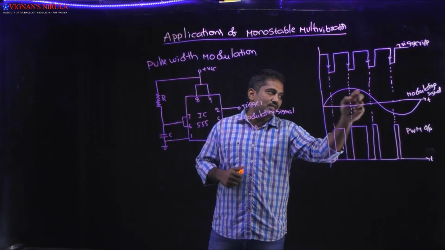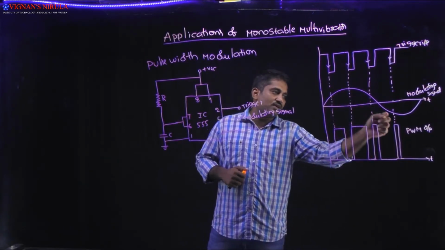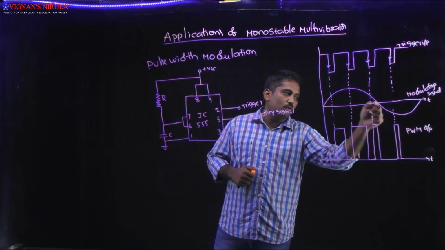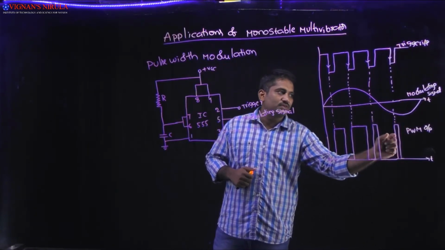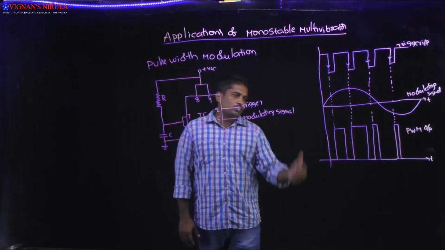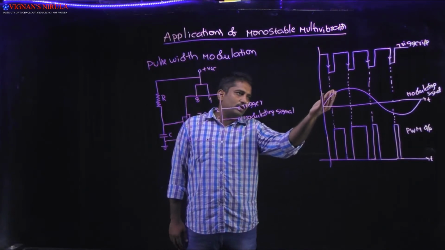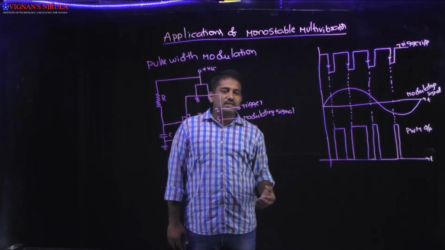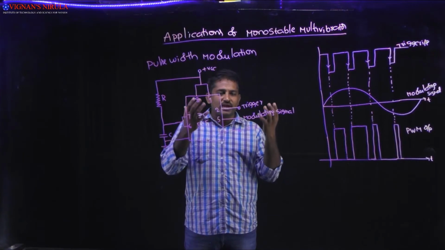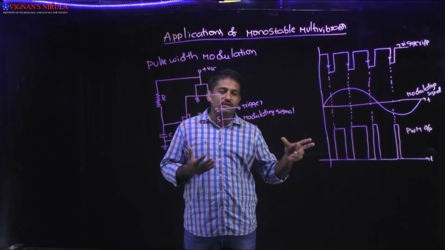While we are decreasing the modulating signal, the pulse width will decrease, and when it is a low modulating signal, the pulse width also decreases to a very low value. Because of this modulating signal, whenever the modulating signal increases, the time required to charge the capacitor will increase, so the pulse width duration will increase.